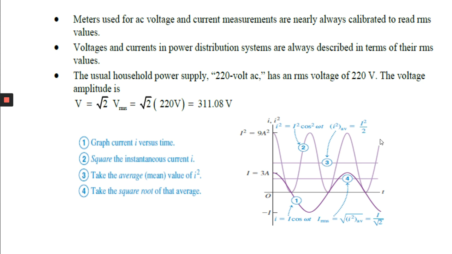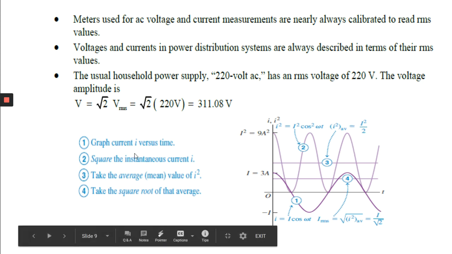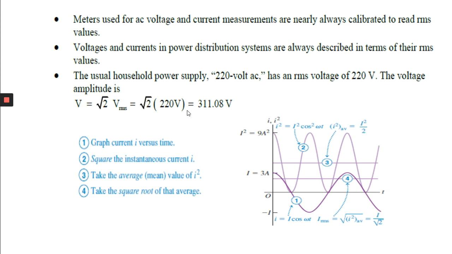What is your average? I square by 2. So when you take IRMS, what is the value? I by root 2. So this value we are using. Okay, so now this is about your root mean square value and phasors and the basic ideas about your AC source.